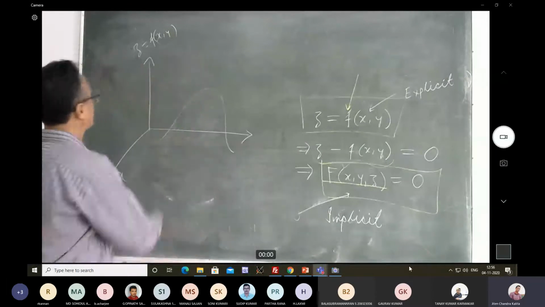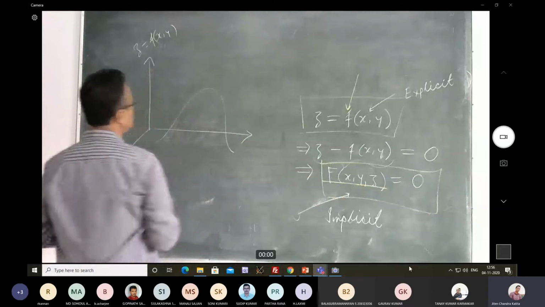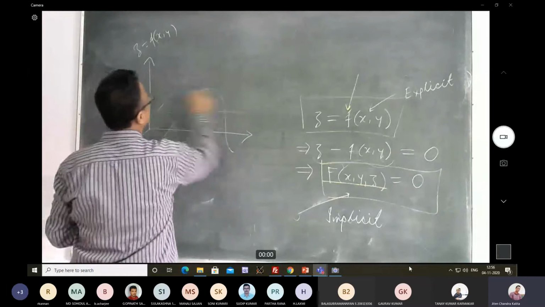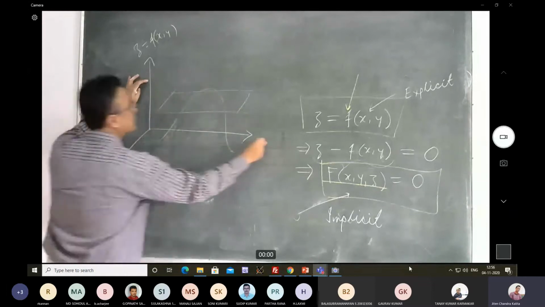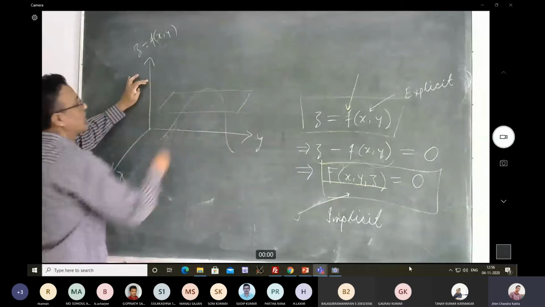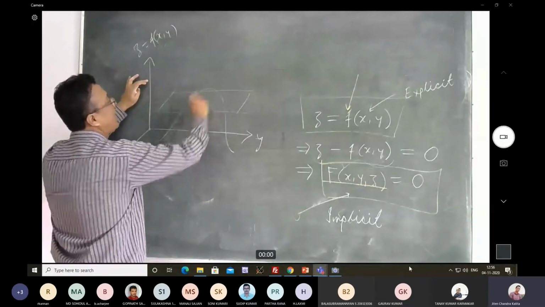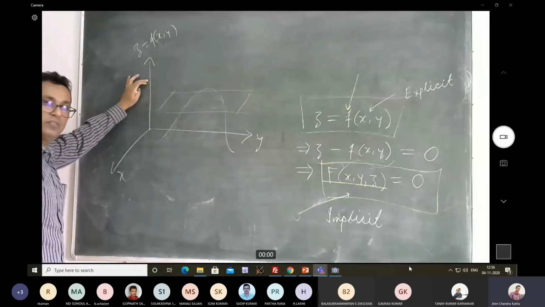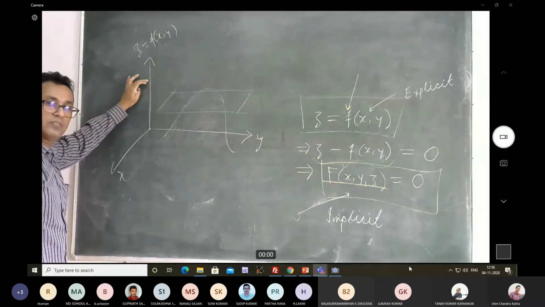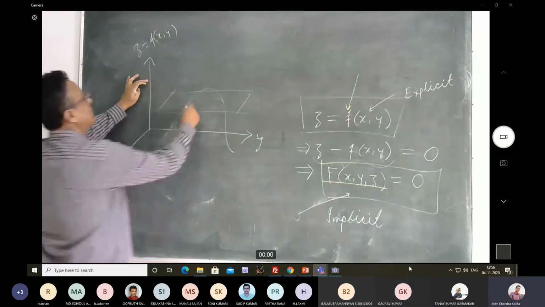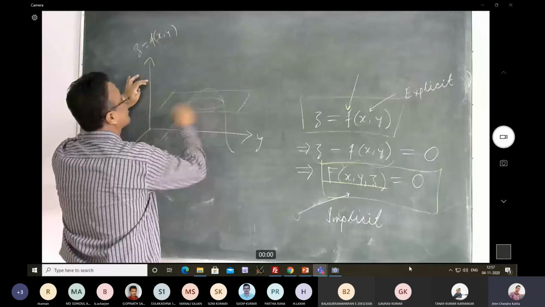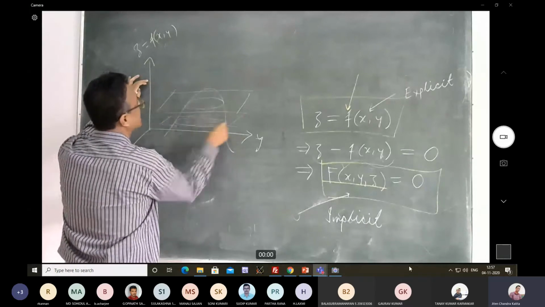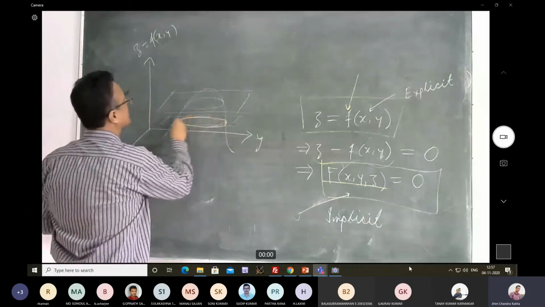Okay. So now here, what is happening? If you now cut this surface with some planes parallel to the xy plane, then this plane and the surface are going to cut at some curves, isn't it? Is it okay? Suppose I have another plane here, so I may get some curve like this.